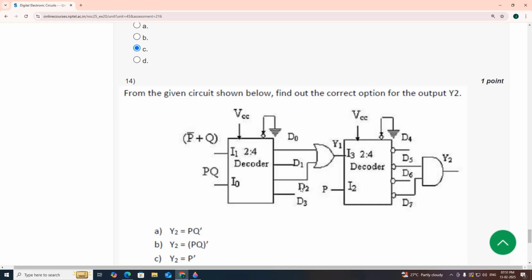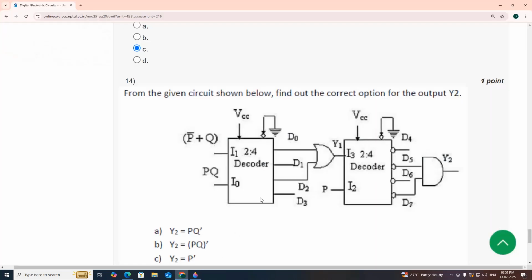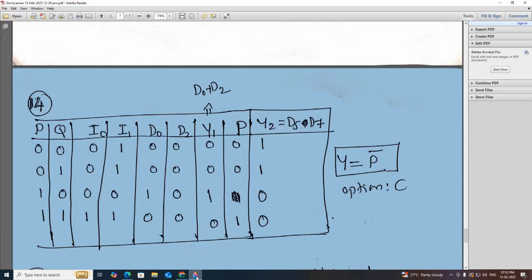D0 and D2 are 0, 0. So for these two combinations, 0, 0. What about now 0, 0? If this is 0 and this is 0, what will happen? D0 will be 1. All others are 0, 0, 0. So we are talking about D0. D0 will be 1.